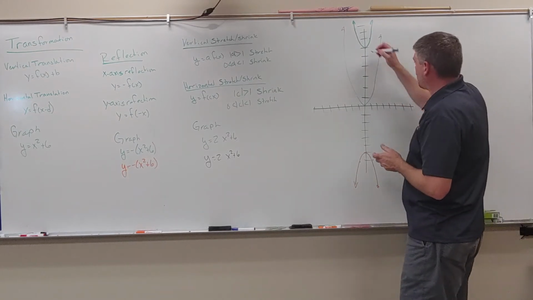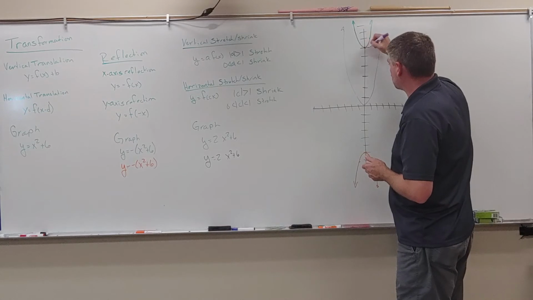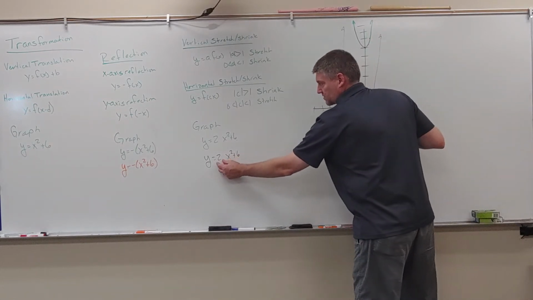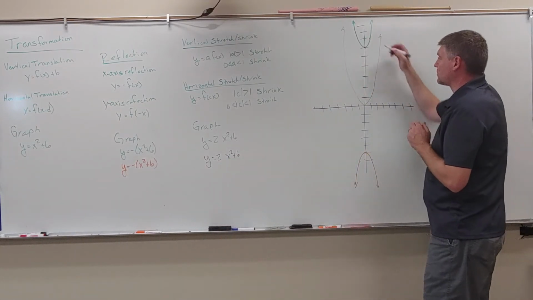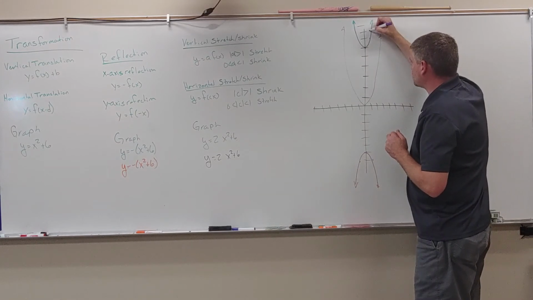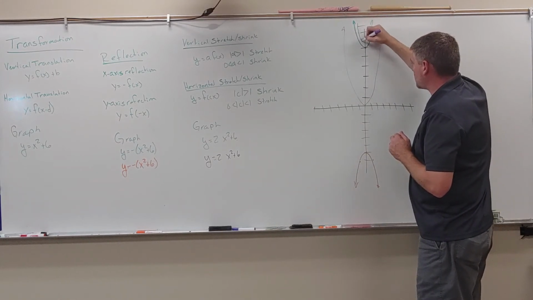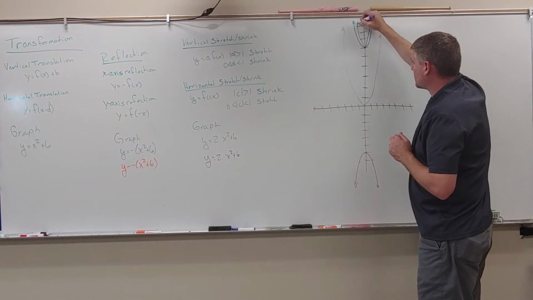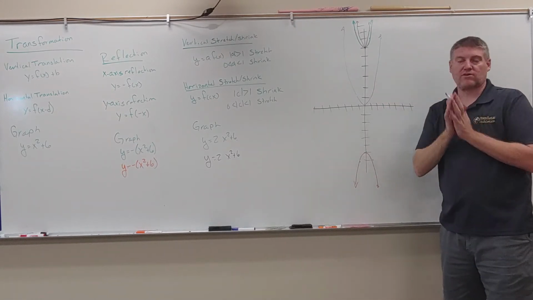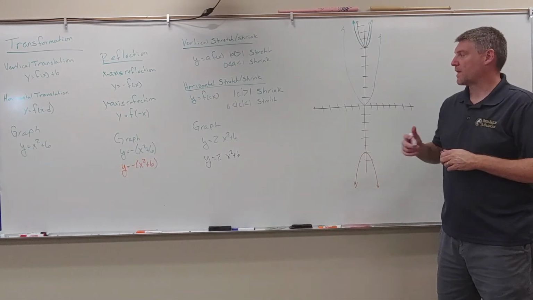So I'm going to go up 6. Now I have this vertical stretch of 2. So I have a stretch of 2, so I'm getting closer to that vertical axis, okay?